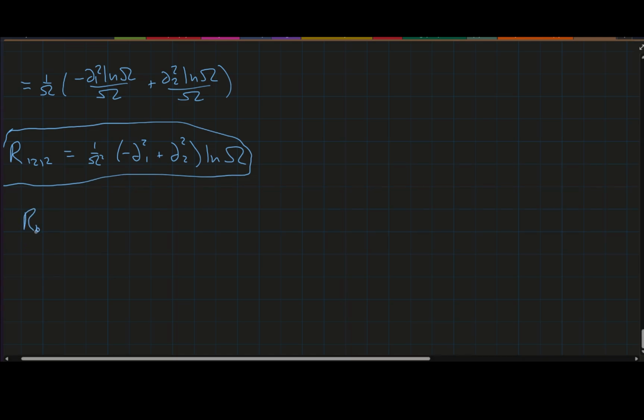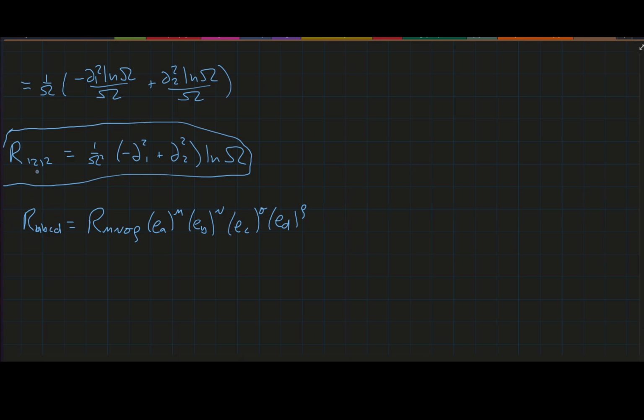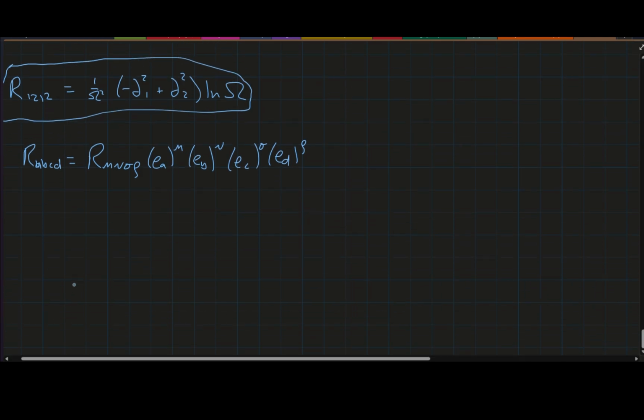R A, B, C, D equals R mu nu sigma rho E A mu E B nu E C sigma E D rho. And so essentially the one on the left-hand side is the Riemann tensor component above that we've calculated with the tetrad method, and on the right-hand side is the coordinate Riemann tensor. So let's just make sure that they agree if we punch them in.